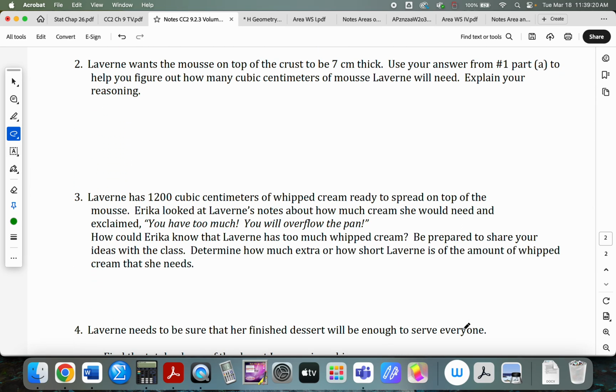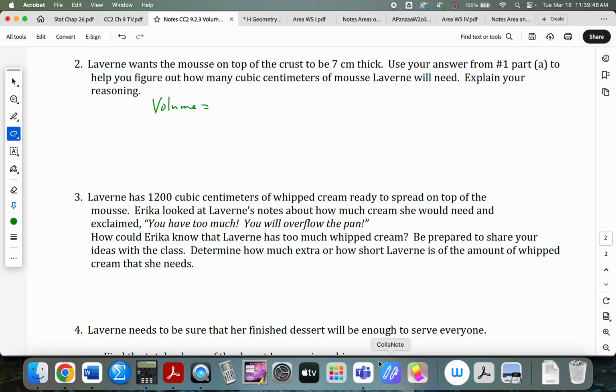All right, now Laverne wants the mousse on top of the crust to be 7 centimeters thick. Use your answer from number 1, part A, to help you figure out how many cubic centimeters of mousse Laverne will need. Well, so the volume of that is going to be equal to the area of the bottom, which is 600.